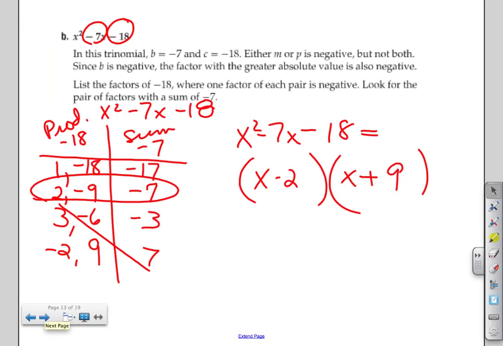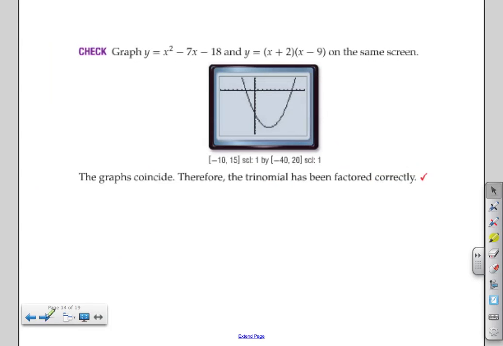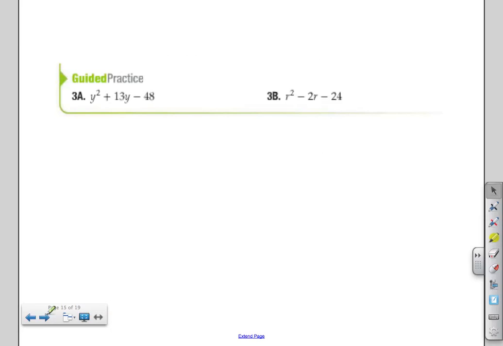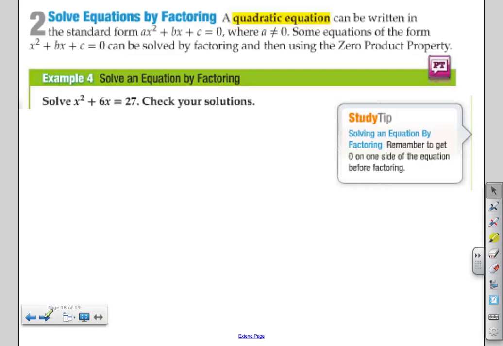Okay? Does that make sense to everybody? Good. Again, we'll check these on our graphs, and we'll see how that goes in class tomorrow. Okay, here's your guided practice. Good luck with those. We'll put these up on the board tomorrow. All right.